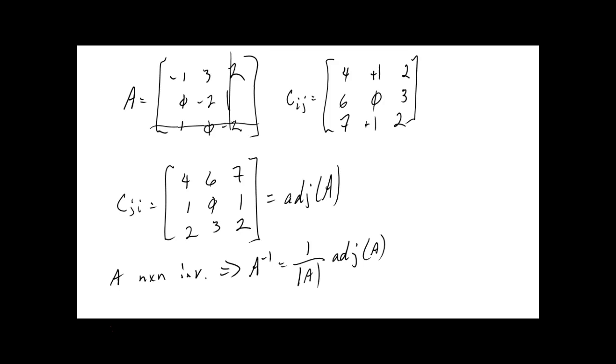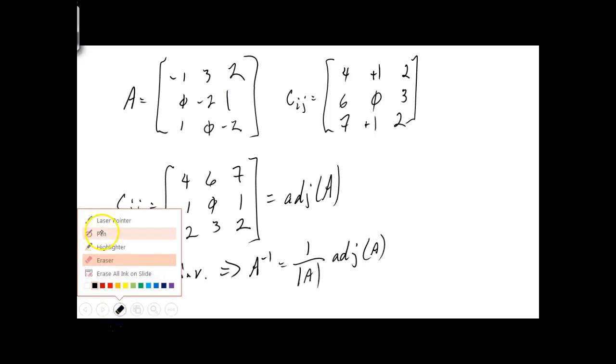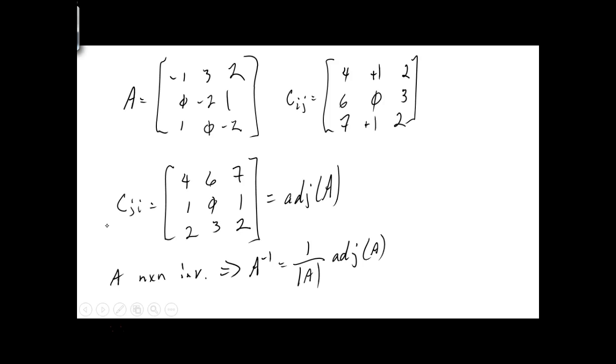Well, the only thing we need is to determine the determinant of A. So let's get these construction lines out of the way here, and let's decide how we're going to go about finding the determinant. The determinant of A would then be what? Taking a look at that, you got 2 zeros there.